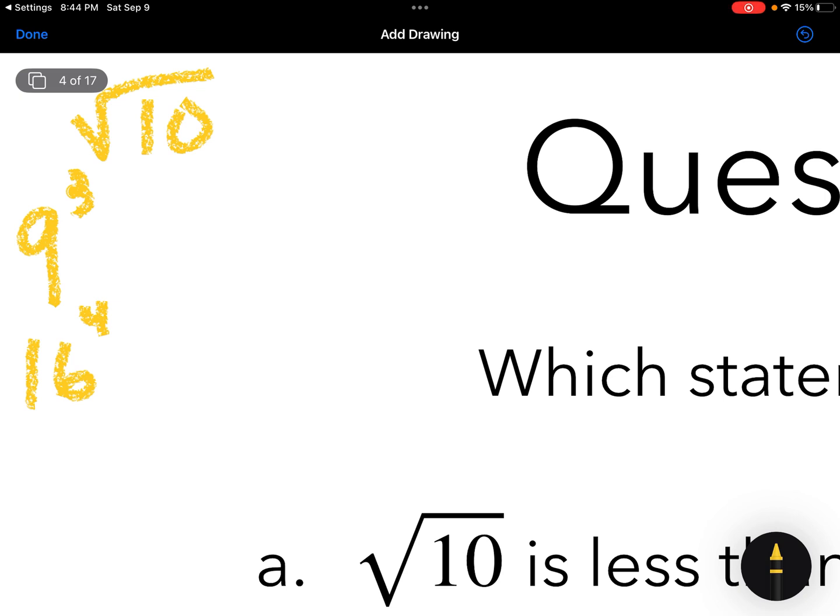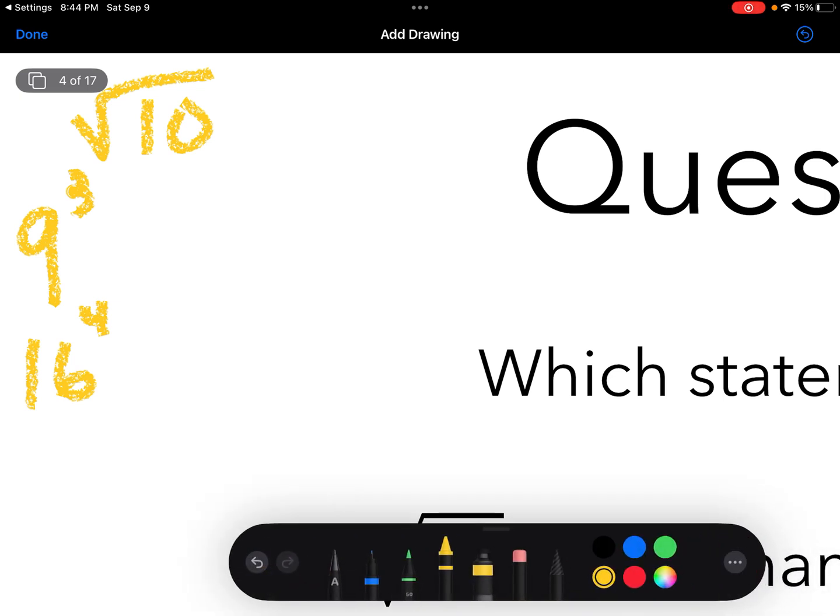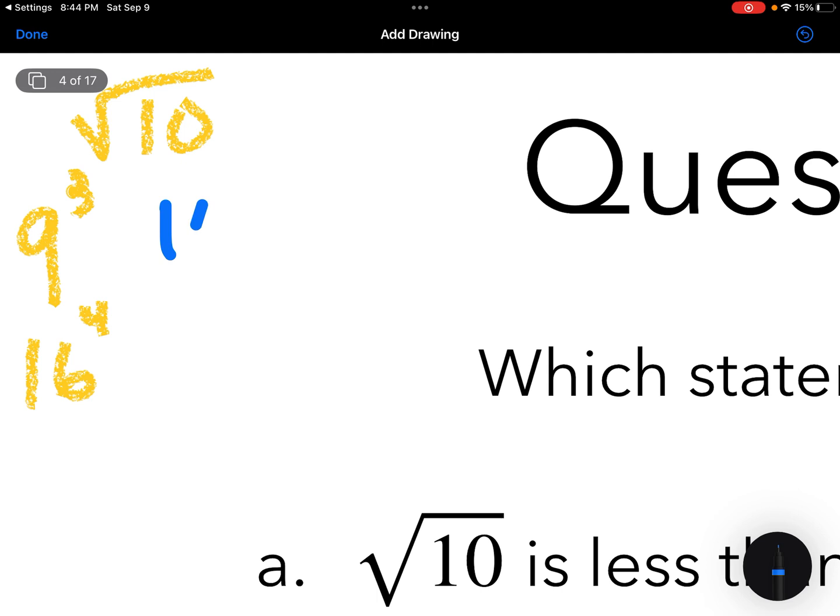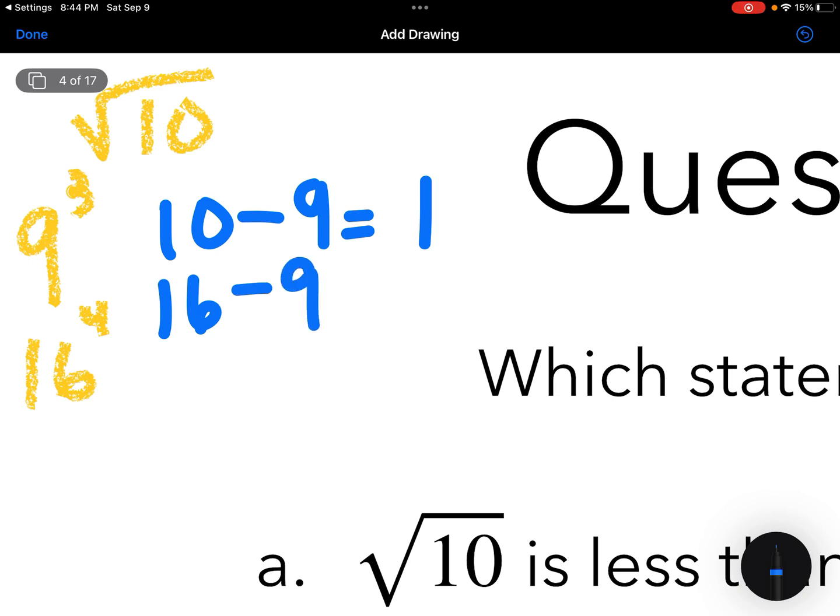My first subtraction would be 10 minus 9, and I get 1. Then 16 minus 9, and I get 7. Then I'm going to do 1 divided by 7 in my calculator, and I've got to go to the first place behind the decimal.